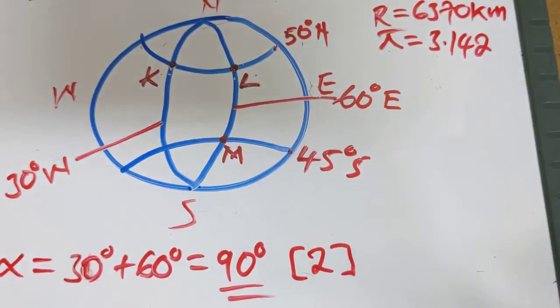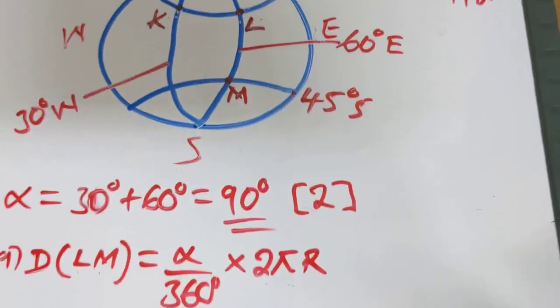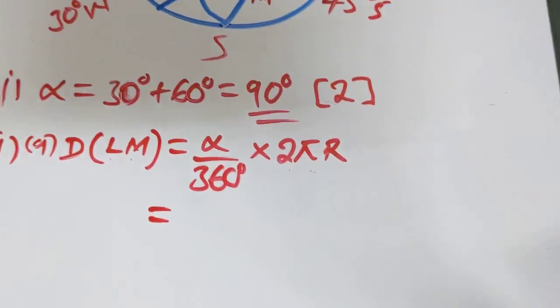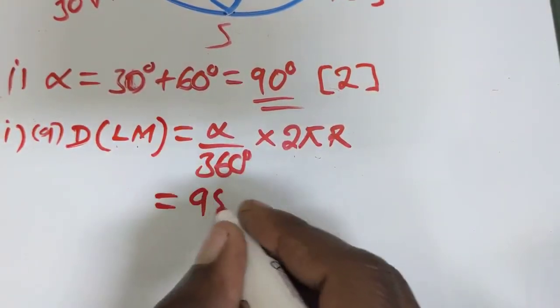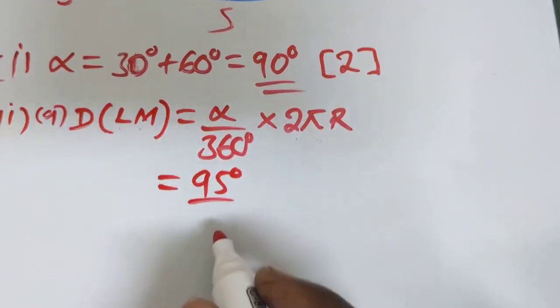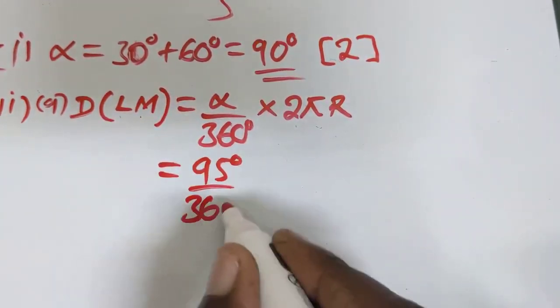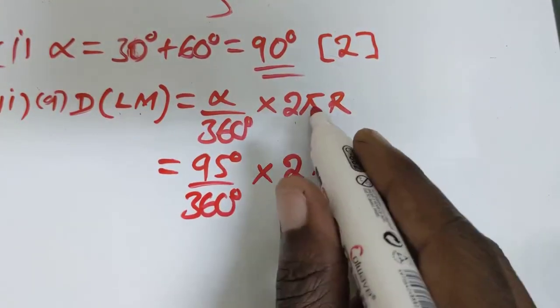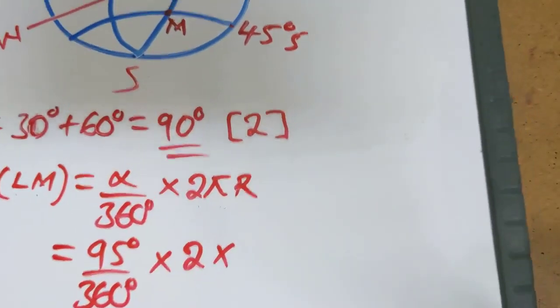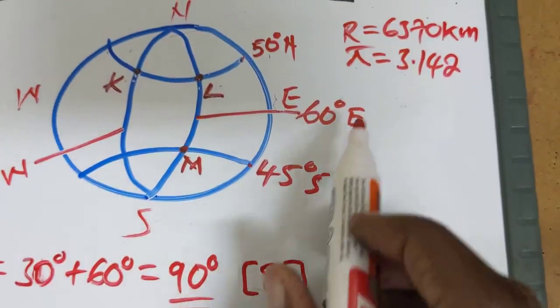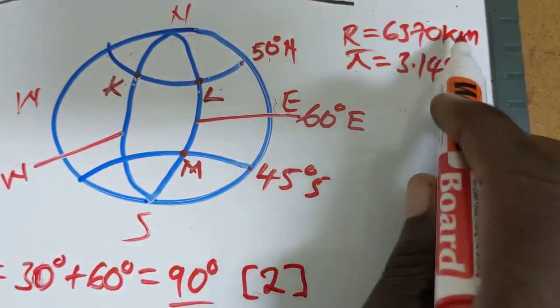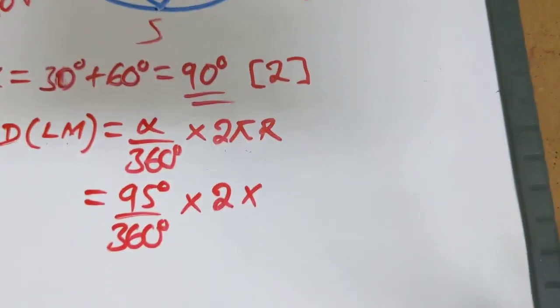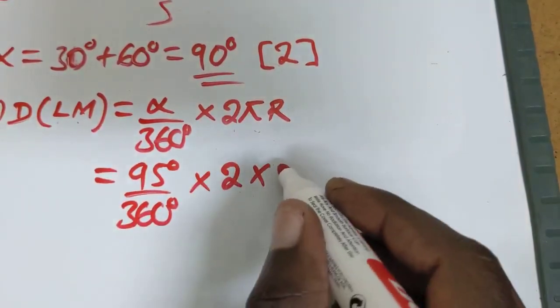You don't need to panic, you'll be using a calculator. 45 plus 50 is 95. So the difference is 95. You just write 95 degrees over 360 degrees multiplied by 2 multiplied by pi. You are given the pi, and the radius you are given.